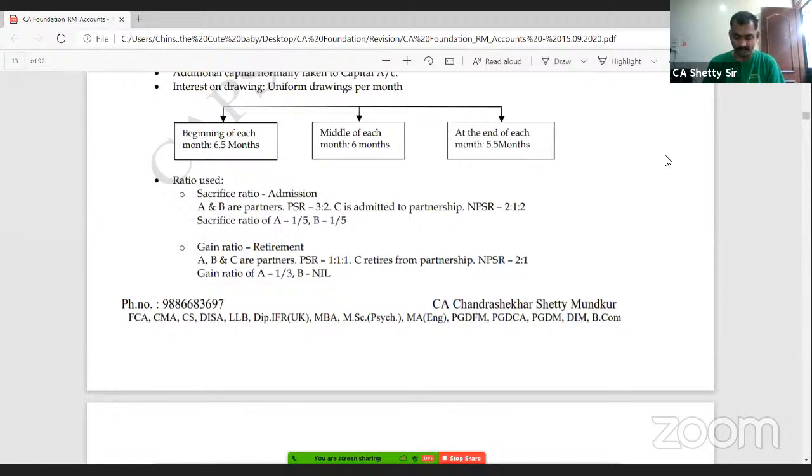I'm connecting goodwill treatment directly. Goodwill treatment, all of you connect. Example: goodwill of the firm is 90 lakh. X, Y, Z are equal partners.